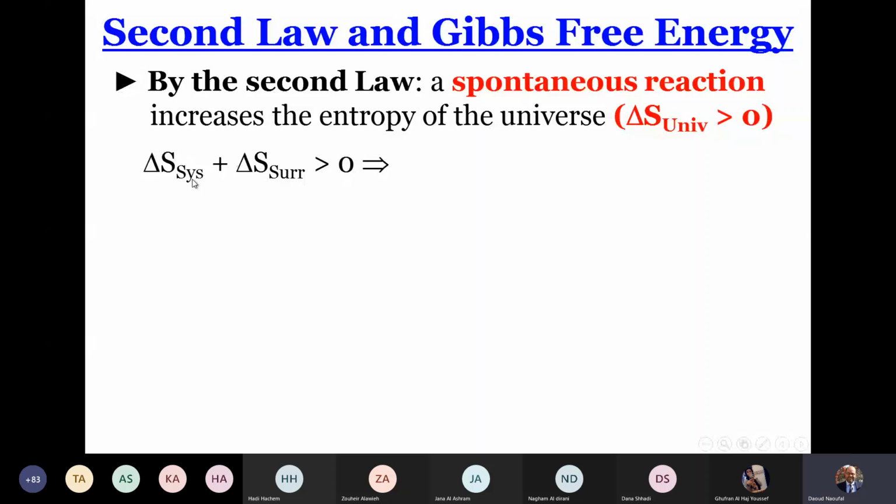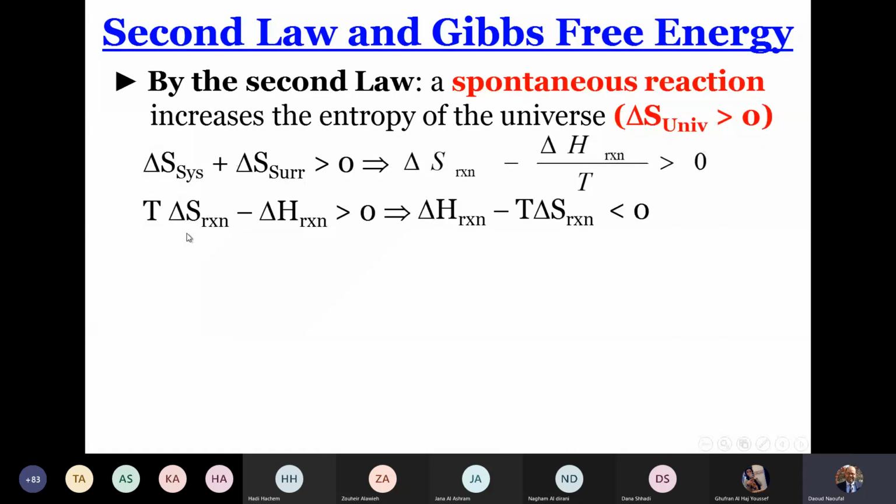Previously, we calculated delta S of the system and delta S of the surrounding. Delta S of the system is delta S of the reaction, for example, or delta S of the transformation. And we proved that delta S of the surrounding equals minus delta H of the reaction divided by T. So delta S system plus delta S surrounding positive is similar to delta S reaction minus delta H reaction divided by T is positive.